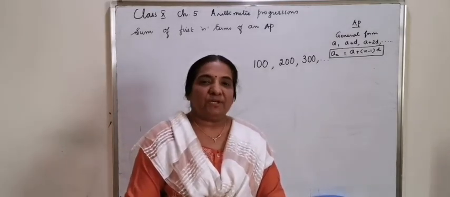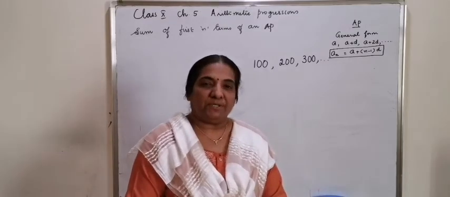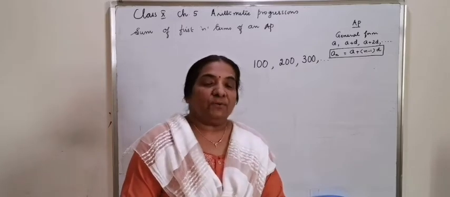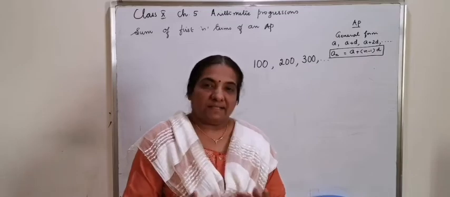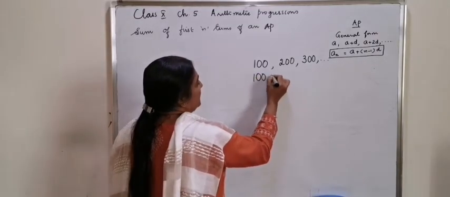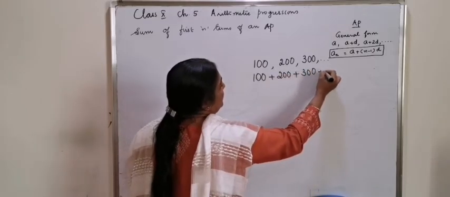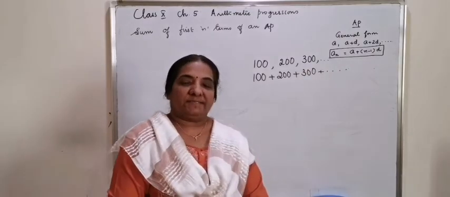And now naturally, how do you know what is the total amount in your account when you reach the age of 21? The concept is you are adding 100 plus 200 plus 300 plus etc. up to 21 years.